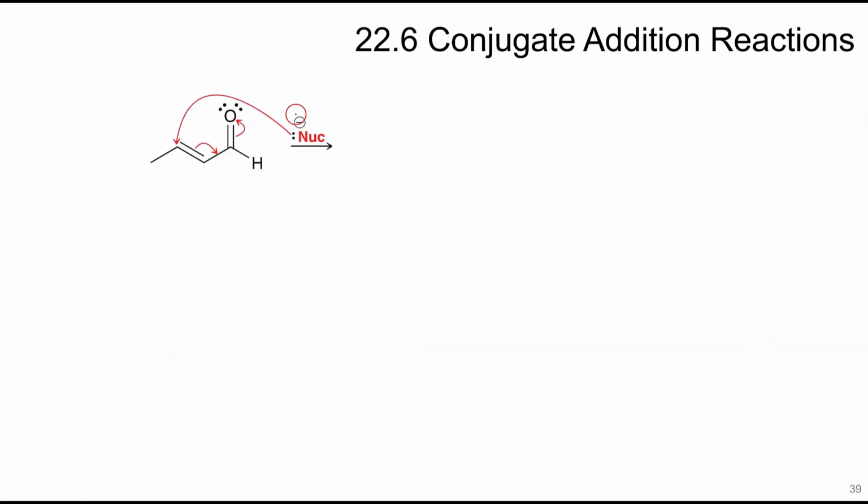So the nucleophile, this is the Gilman, is going to attack at the 4 position. This is gone here. I have a new bond to the nucleophile. This is O-, and then there's acid present. Get a proton transfer.